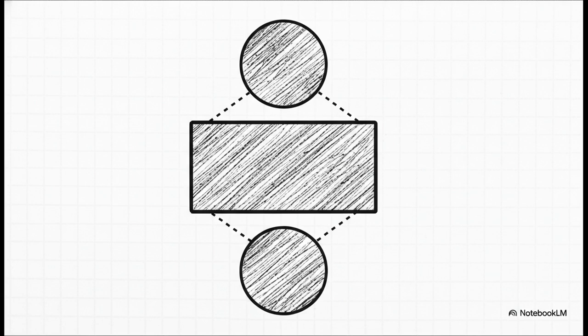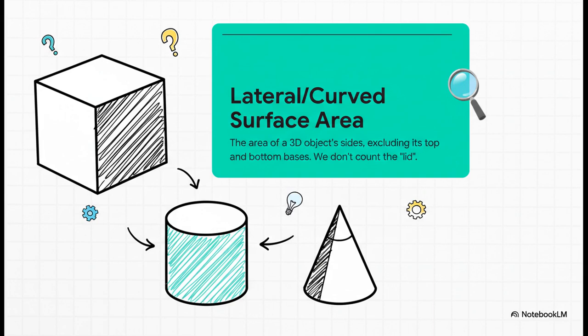Well, it's the distance it was wrapped around the circle, which is just the circle's circumference, 2 pi r. So the total surface area is just the area of the 2 circles plus the area of that one rectangle. It's brilliant. And just a quick heads up on the lingo. You'll hear lateral surface area for shapes with flat sides and curved surface area for things like cylinders. They both mean the exact same thing, just the area of the sides. You just don't count the lid or the floor.